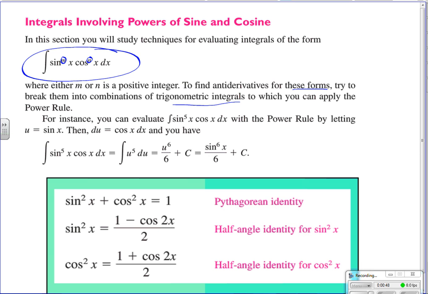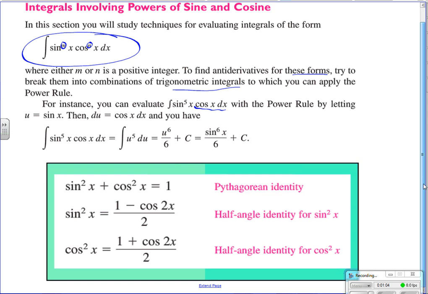For instance, you can evaluate sine to the fifth power and cosine to the first power with the power rule by letting u be your sine, and then du becomes cosine dx, and we've got that cosine dx, so we can substitute du into that.